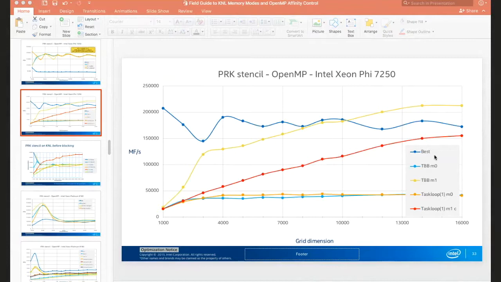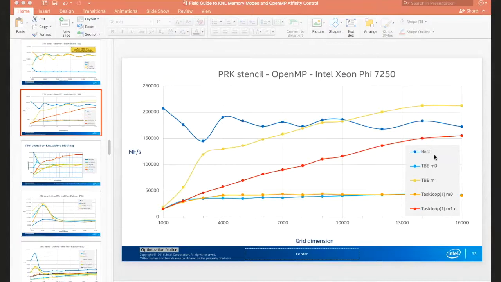That's where some of the tasking stuff starts to become interesting, because traditional OpenMP does not scale in NUMA, for a variety of reasons, mostly related to Linux first touch. But if you are smart with how you use tasking, you may be able to solve some of that. So it's a very important question for the future, at least in KNL and Skylake.